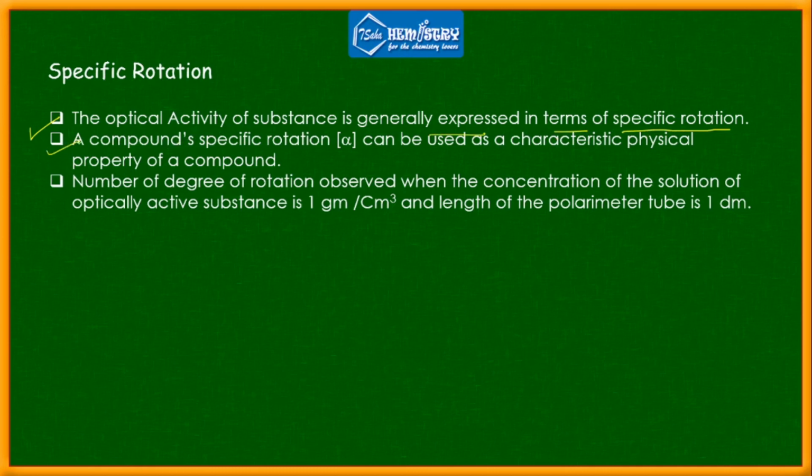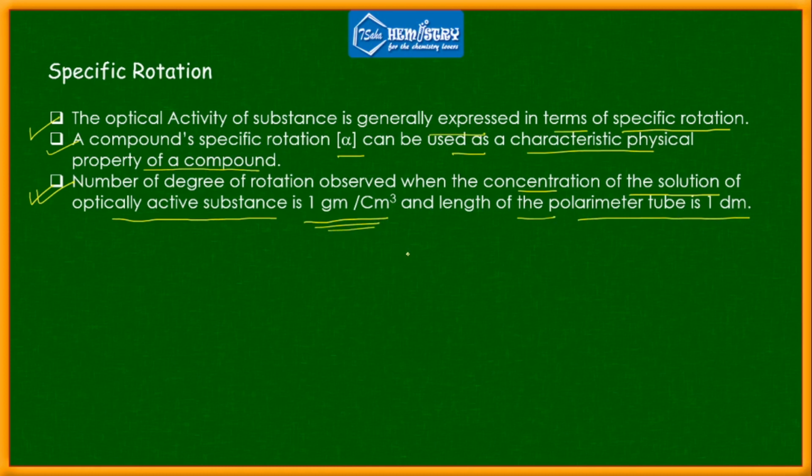A compound's specific rotation, alpha, can be used as a characteristic physical property of the compound. Now the definition: specific rotation is the number of degrees of rotation observed when the concentration of the solution of the optically active substance is 1 gram per centimeter cube and the length of the polarimeter tube is 1 decimeter.